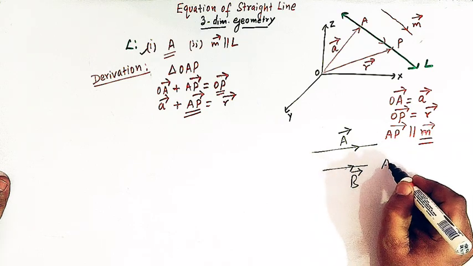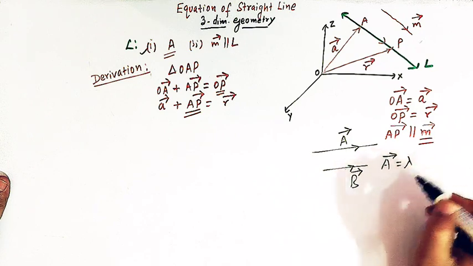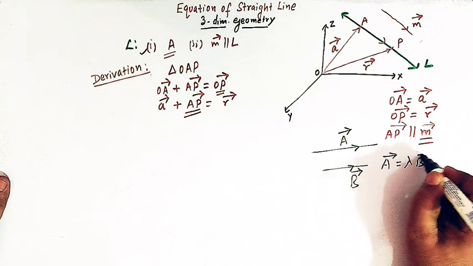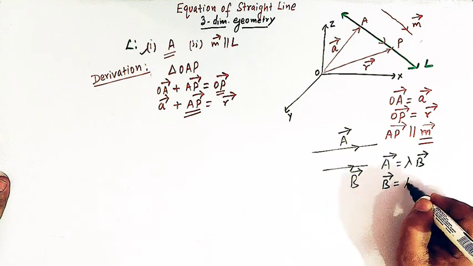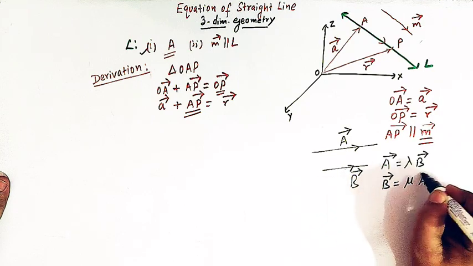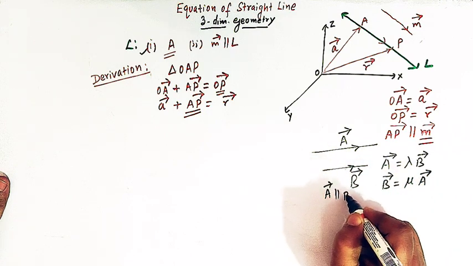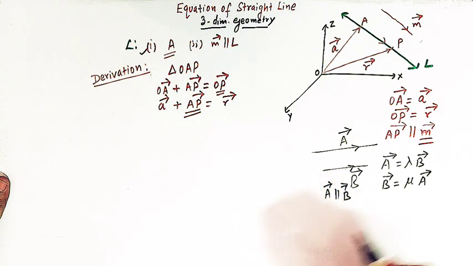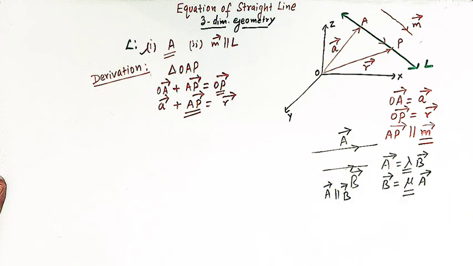So we can write vector A as a scalar multiple of vector B, or vector B as a scalar multiple of vector A, when vector A is parallel to vector B. Here lambda and mu are some scalars.